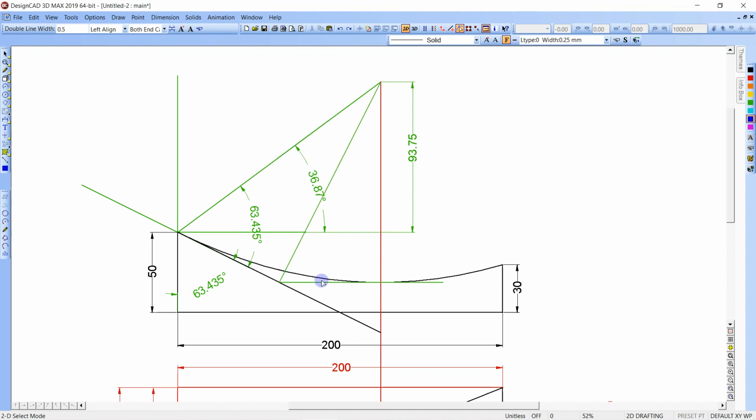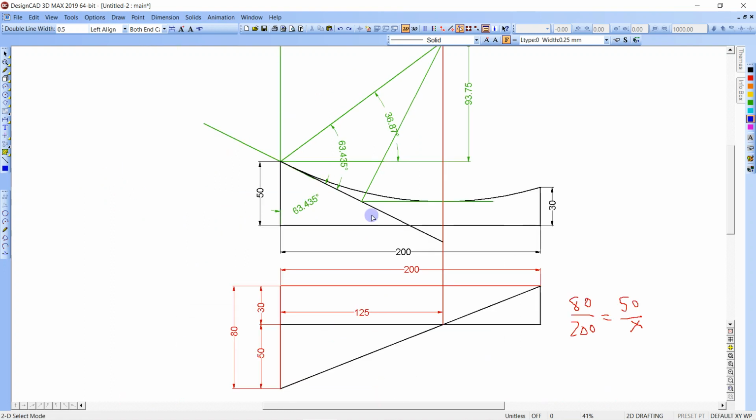And then, if you want, you could extend this down to where it intersects over here. So this is the point, there's the tangent line. It would actually meet at the directrix, so you could draw the directrix there.